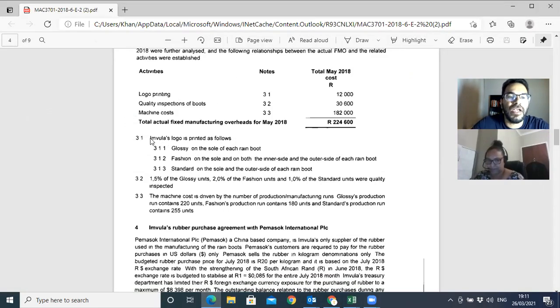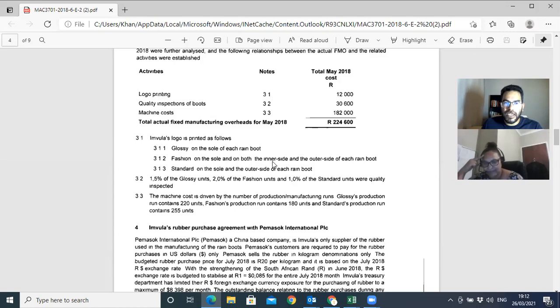Just looking at 3.1, they say in Vula's logo is printed as follows. On the glossy, it is on the sole of each rain boot. So one pair would have two logos, one on each boot. 3.1.2 fashion, it's on the sole and on both the inner side and outer side of each rain boot.